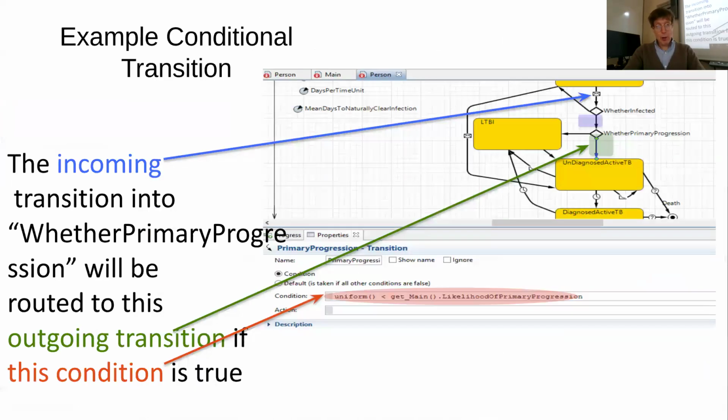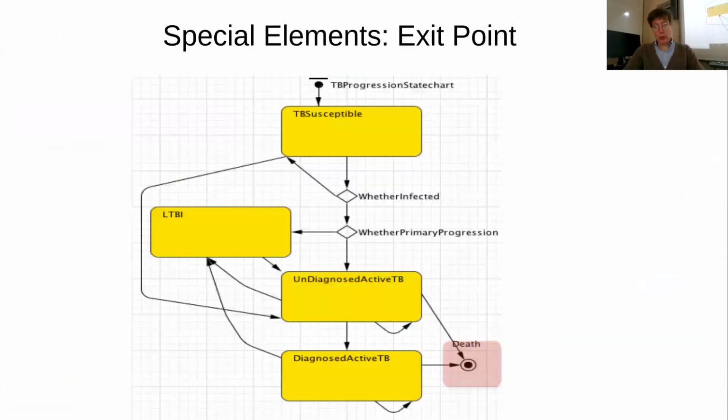So beyond having types of transitions, we have sink states or exit points within a model, right? Commonly, those are used to place the agent either into a frozen sort of perpetual state or simply remove them from the model.